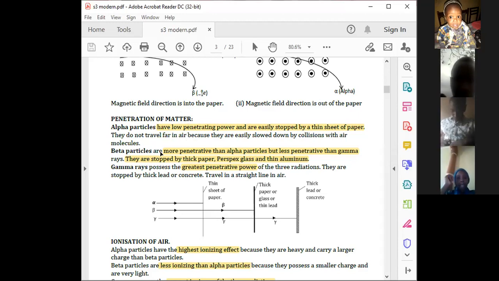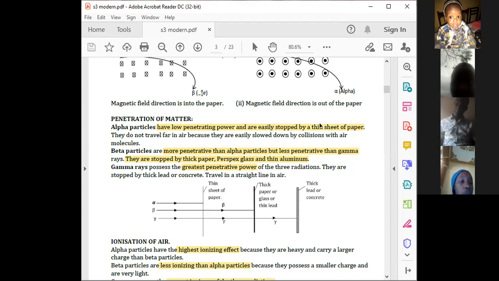Then beta particles, however much they have more penetrating power, they cannot exceed gamma rays. In other words, we are claiming that the penetrating power of beta is greater than the penetrating power of an alpha, but less than the penetrating power of a gamma. These are more penetrative than alpha, but less penetrative than gamma.